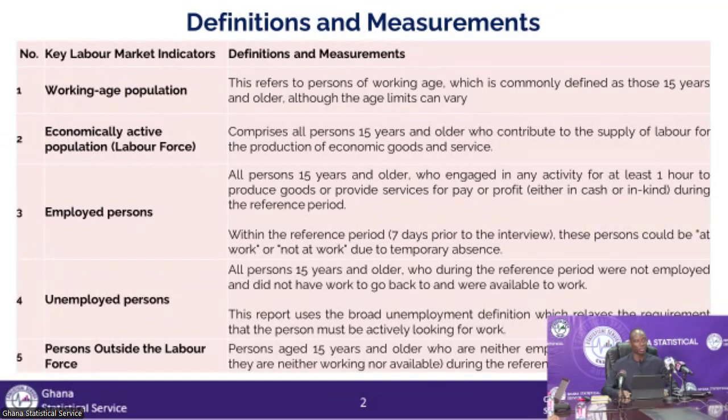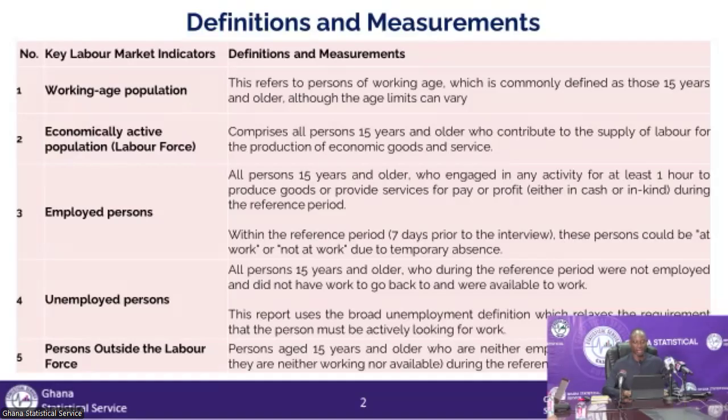An unemployment rate, which you would hear very often today, is the unemployed as a ratio of the labor force. Labor force participation rate tells us about the proportion of the working age population 15 years and older that is either employed or unemployed.